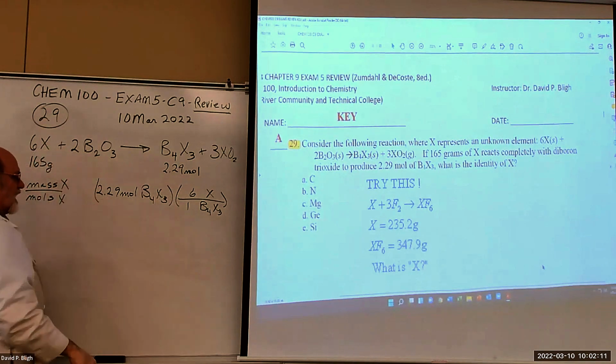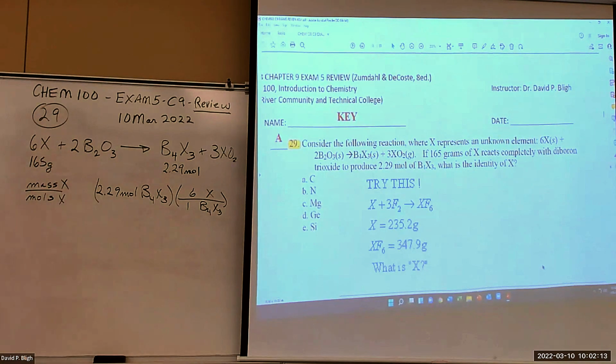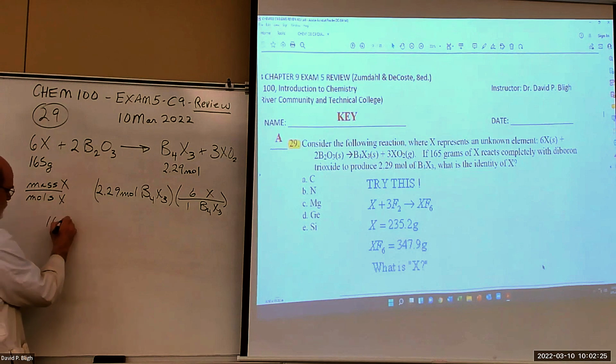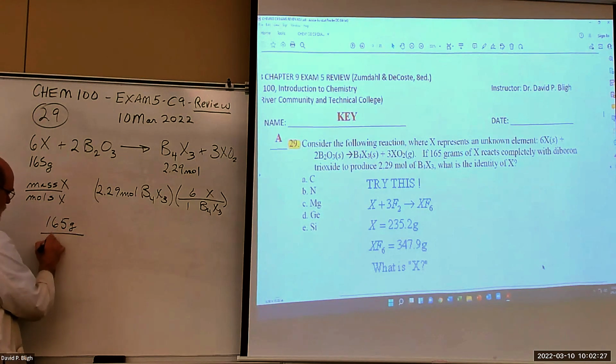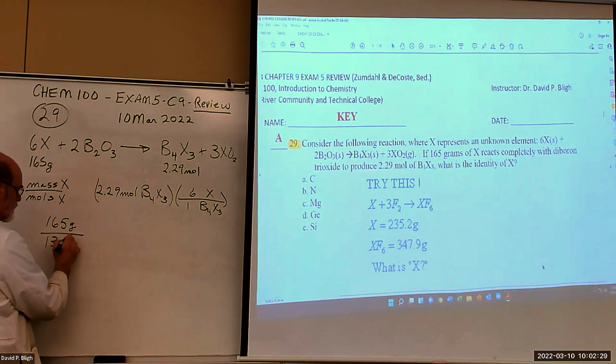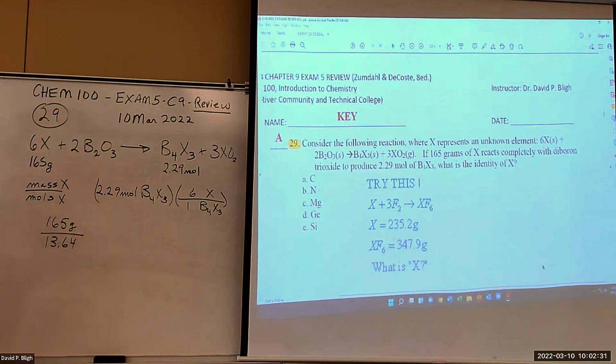So 6 times that is the number of moles. I got 13.74. Okay, so 65 grams, 13 point, what did I say, 74?